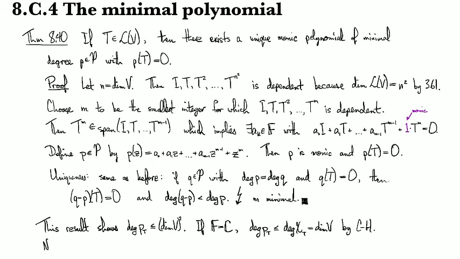And then in the next section, we'll see that the degree of the minimal polynomial is bounded by the dimension of the vector space V for the real case as well.